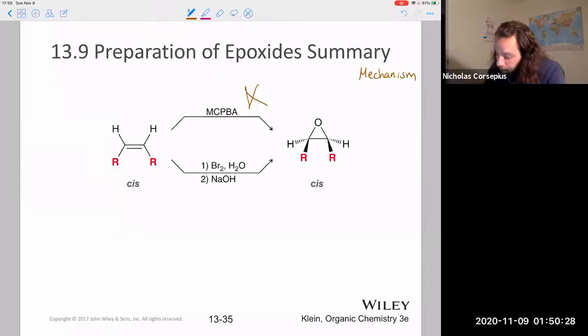You should absolutely, though, know it not only for the second step of these reactions, the formation of the epoxide, but also remember you're supposed to know it for that first step too. So that halohydrin formation from an alkene. So yes, make sure you have the mechanism all the way through, starting with an alkene, going all the way to an epoxide for these halohydrin type syntheses.